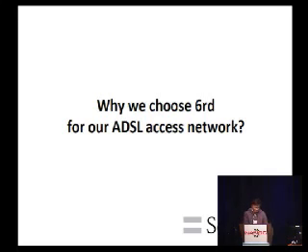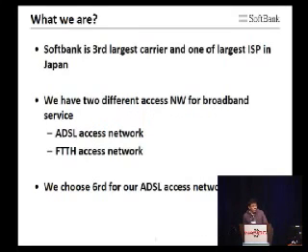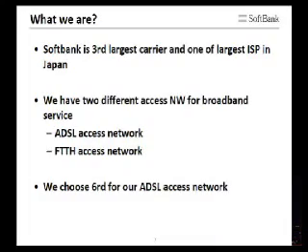So I'm standing here. Anyway, SoftBank is the third largest carrier and one of the largest ISPs in Japan, and we currently have two different access networks for broadband service. The first one is an ADSL-based access network, which was made almost 9 years ago, so it is quite old infrastructure.